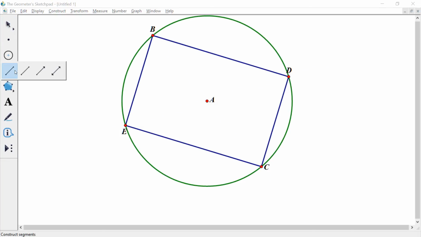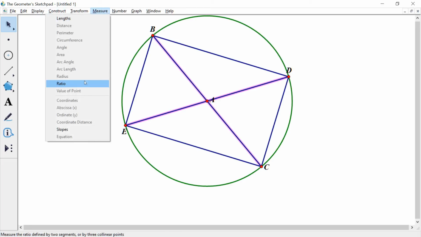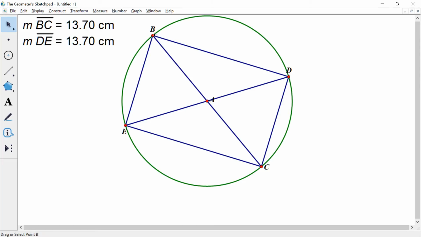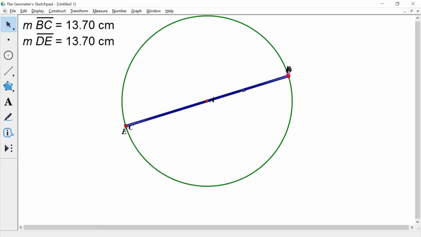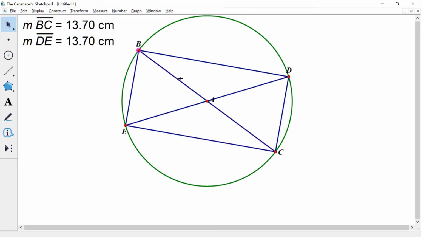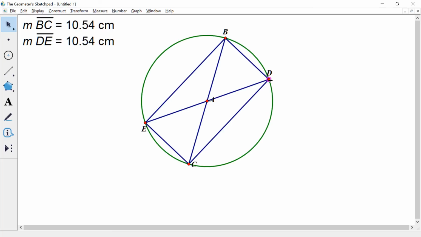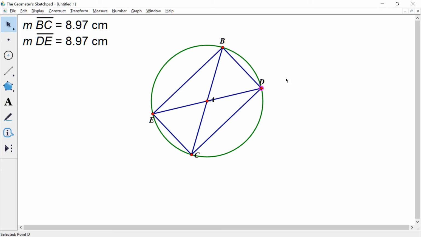Let's draw these diagonals. So this is claiming that for rectangles, which actually I haven't even proven to you that this sketch was a rectangle yet, that its diagonals will always be congruent. Lengths, there we go. Okay. All right.